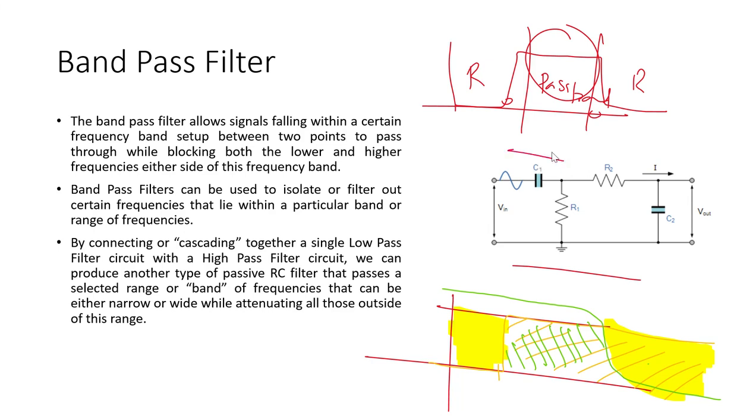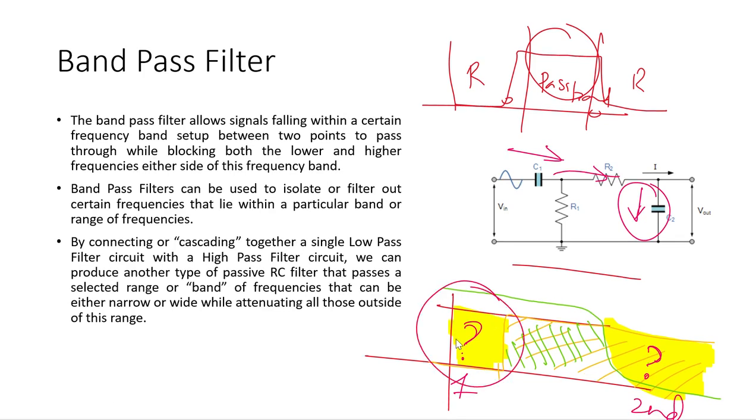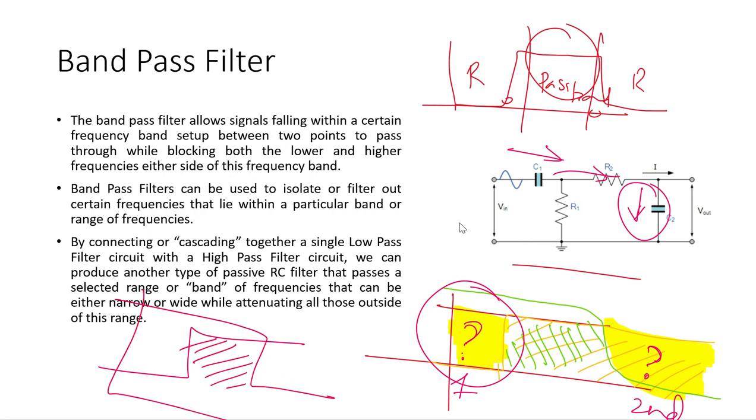At high frequency it will start allowing voltages, and this will start working at low frequencies. So once the high pass is done, then this low pass comes into action and removes this band. So this band was removed first and this band was removed second. This is removed because it is a high pass filter. So high pass and then low pass, and this is our required band. So this is what happened in this circuit.